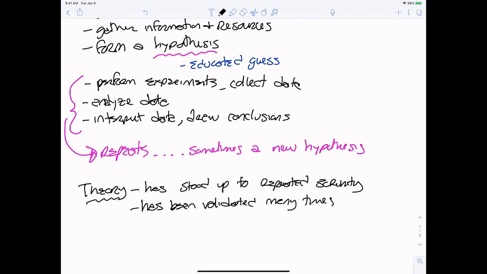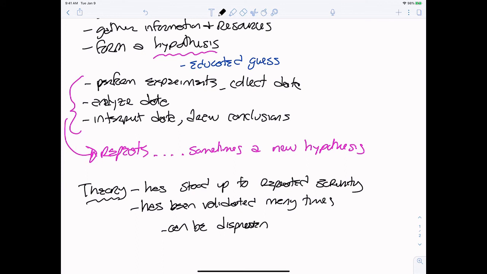And again, remember, it's not a law, right? It can be disproven. When we start talking about atomic structure, we'll talk about the Bohr theory of the atom, which was the theory that we followed for years. We now follow quantum mechanics. So it can be disproven.